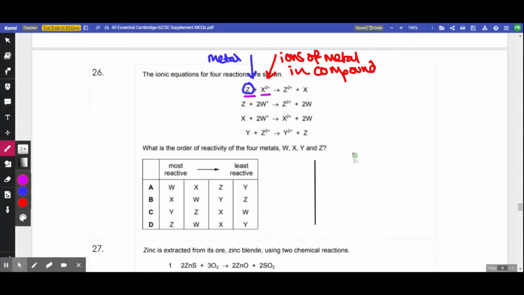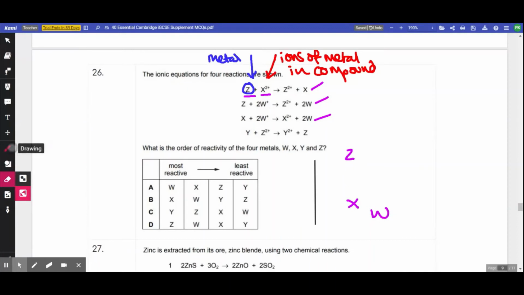So from this evidence, let's put Z above X. We don't know what else is going on, but we've done that one. Z is above W, so the question will then be, is W above X? Well, X is above W according to this third equation, so we can now change our order.